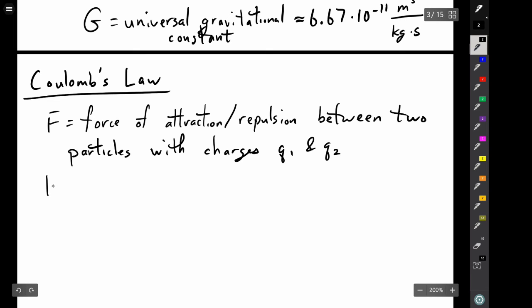And here K is known as Coulomb's constant.